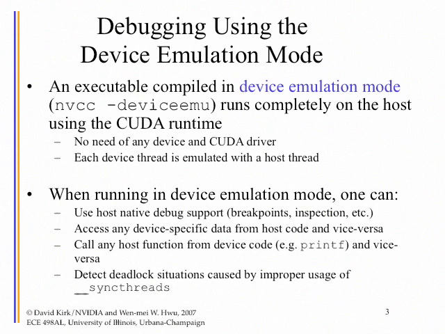And access any device-specific data from host code and vice versa. Essentially, when you use the emulation mode, your host code can actually read and write device data. But not in the real hardware execution.